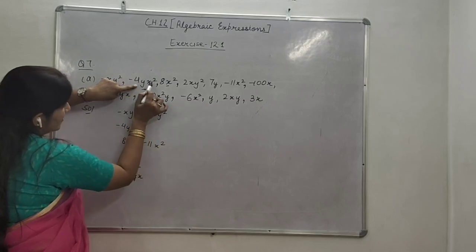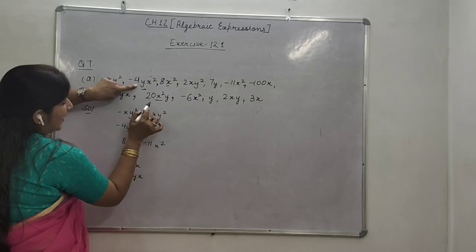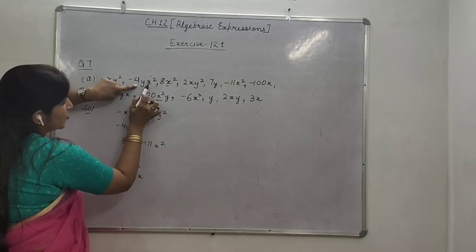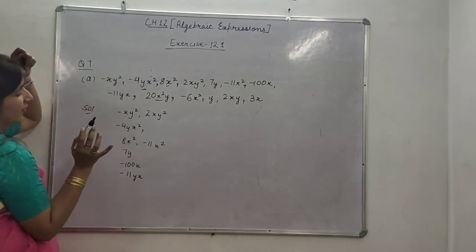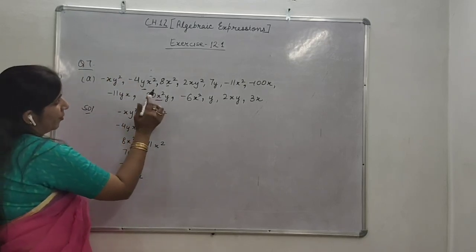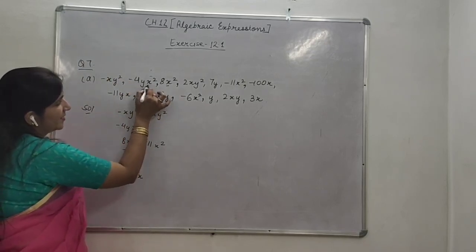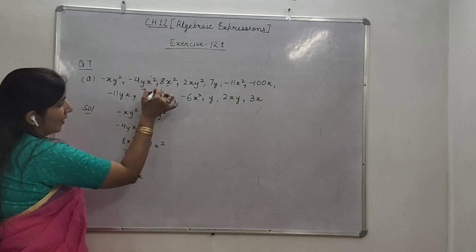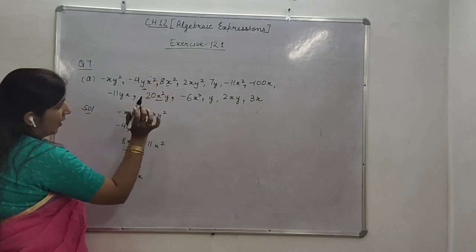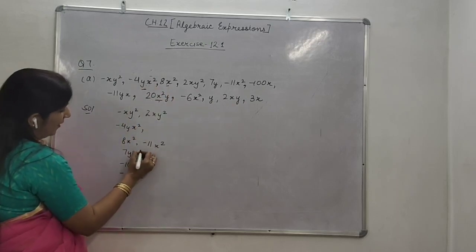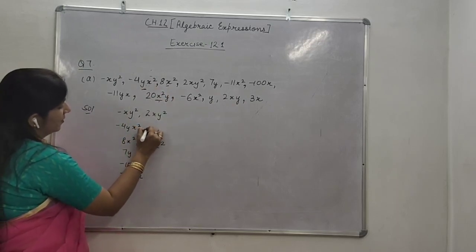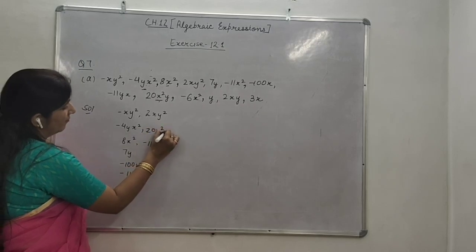Here y is written first and x square, but then also they are like terms because we can change the place, according to the commutative property. So it doesn't make any difference. These are also like, because two x's are here and one is y. So these two are like terms. So I am writing it here with this 20x square y.